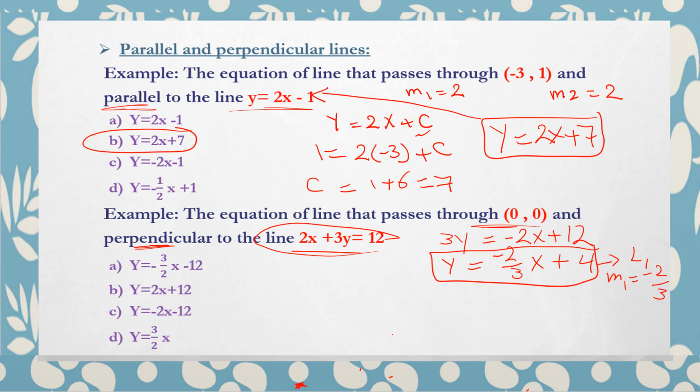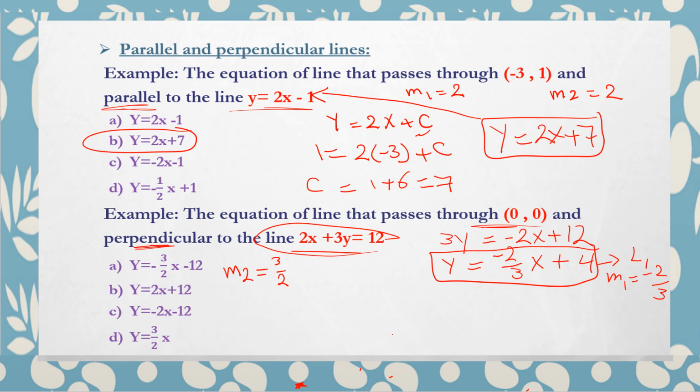We need the negative reciprocal of this slope for the equation of the line that is perpendicular to this line. And the negative reciprocal, or m2, equals 3 over 2.